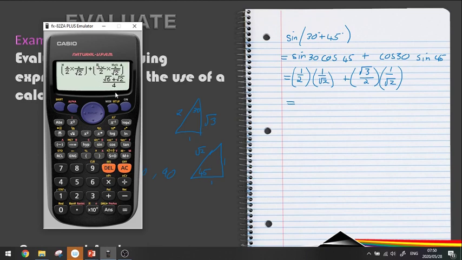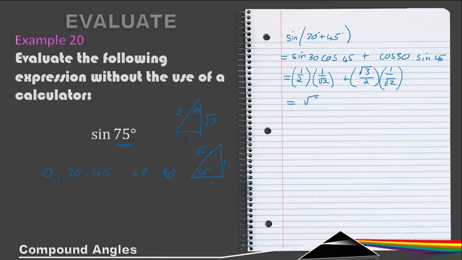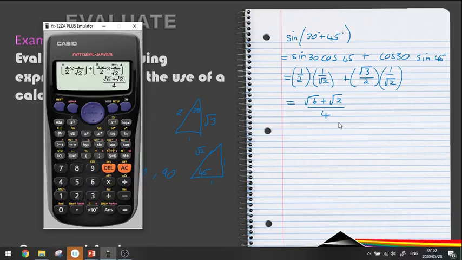So my final answer then is the square root of 6 plus the square root of 2 over 4.